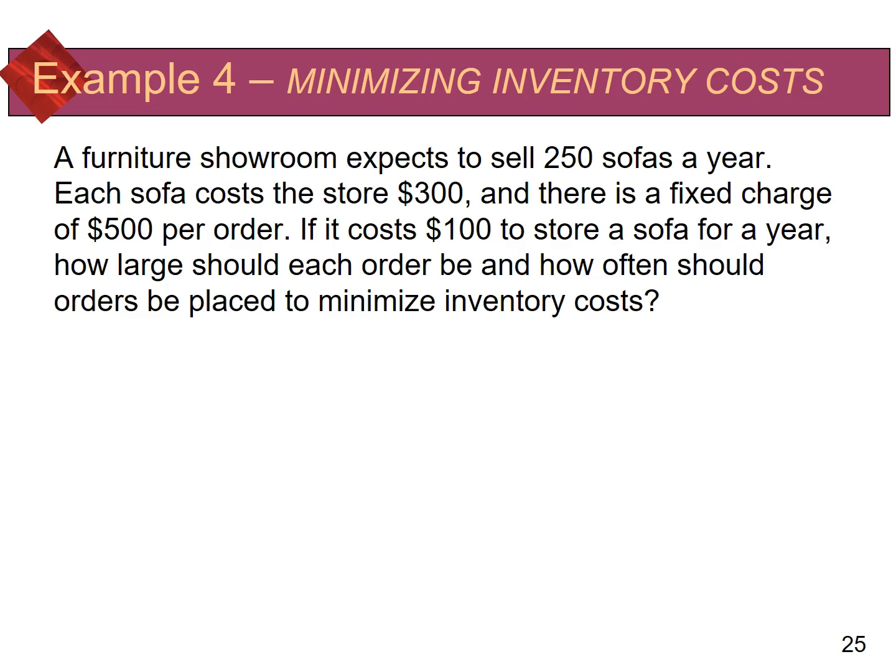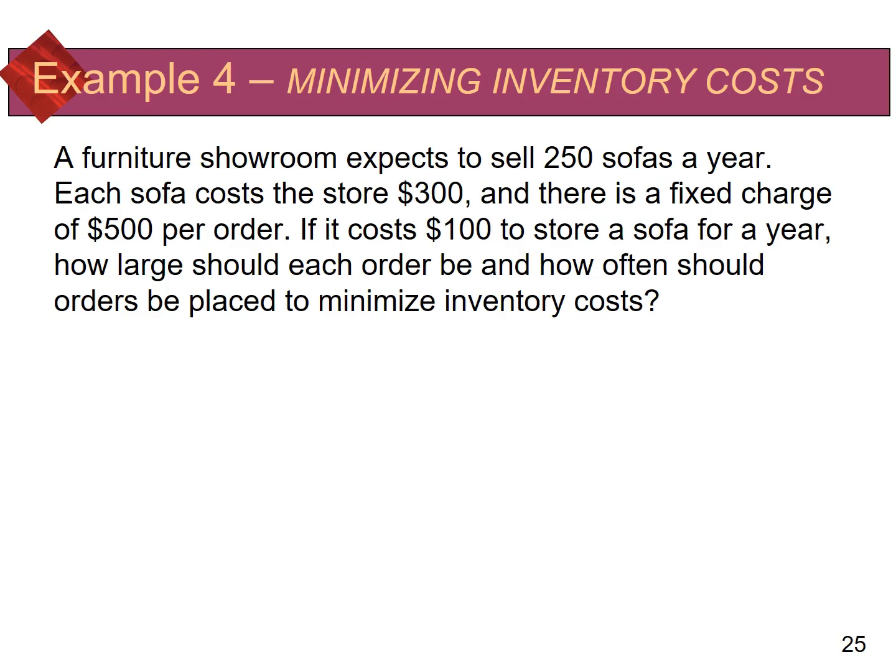Here, I'd have $300 for each sofa plus $500 for shipping and handling or whatever you may want to call it. If I break it down per sofa, it costs $100 to store a sofa for a year.